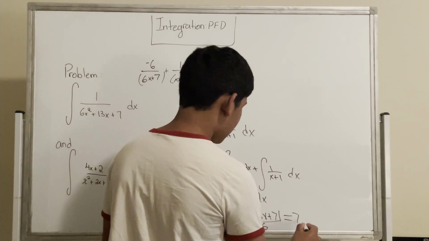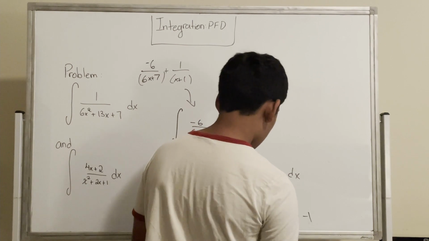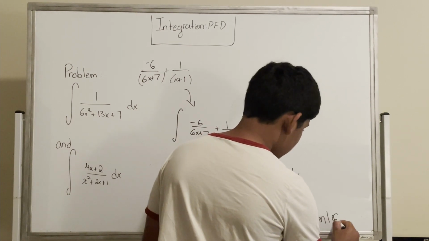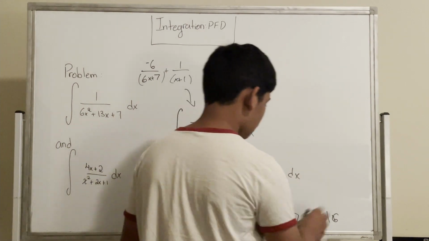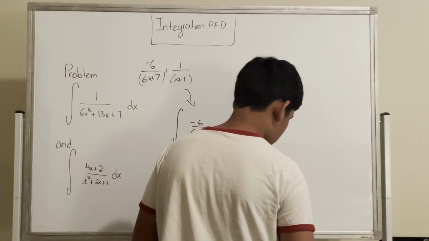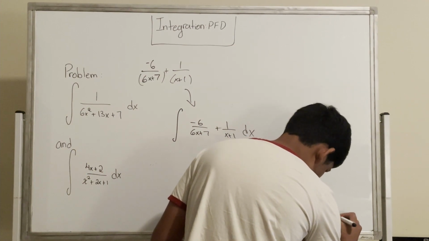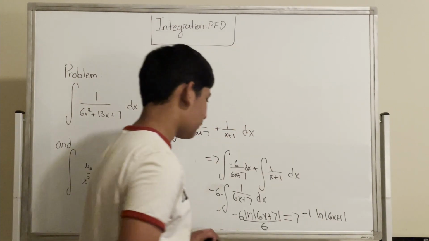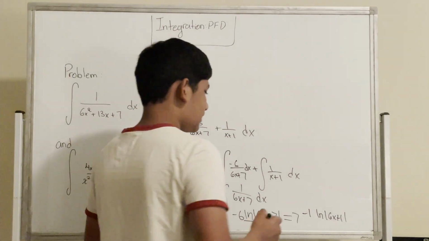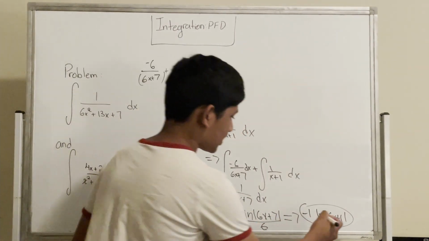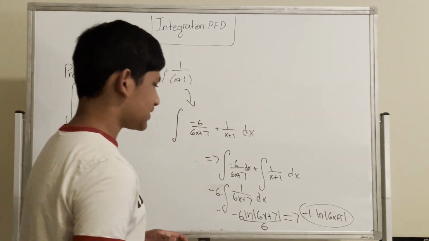And therefore, we got minus 1 times ln of 6x plus 7. This is essentially going to be our top part for 6x plus 7.